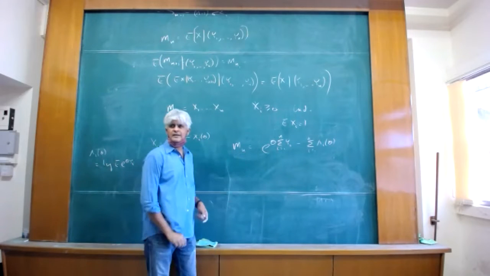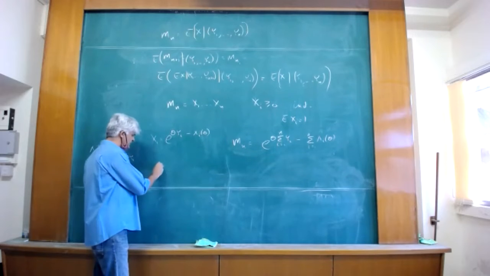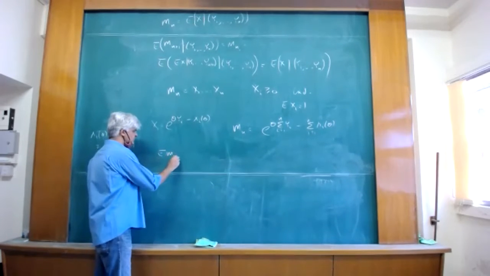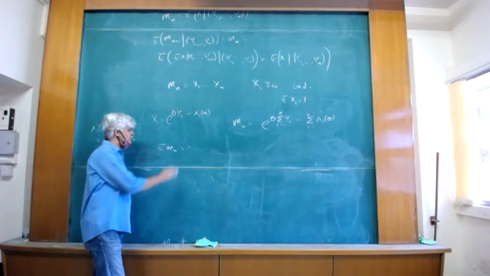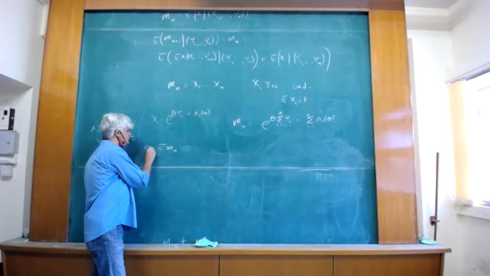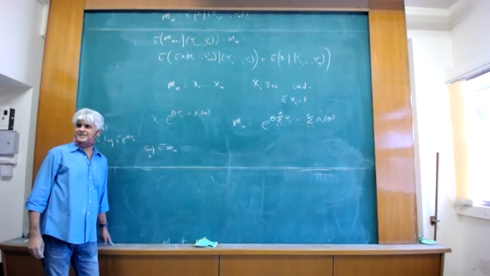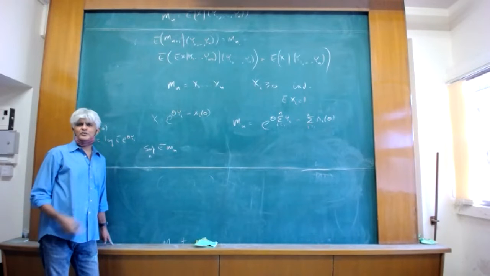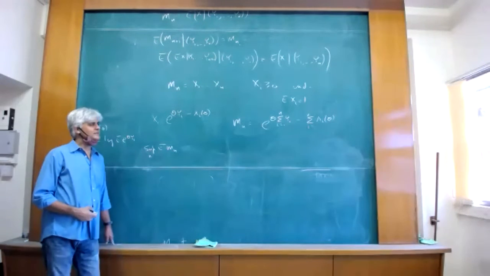And this is a nice martingale because you have E of Mn equal to 1, right? What can you say about sup E of Mn? It is 1. That's also good, so you will get almost sure convergence for this martingale.